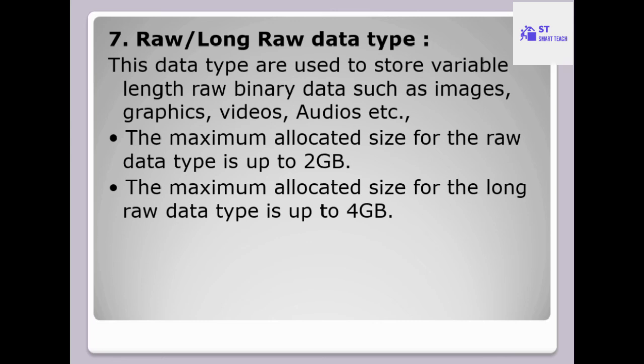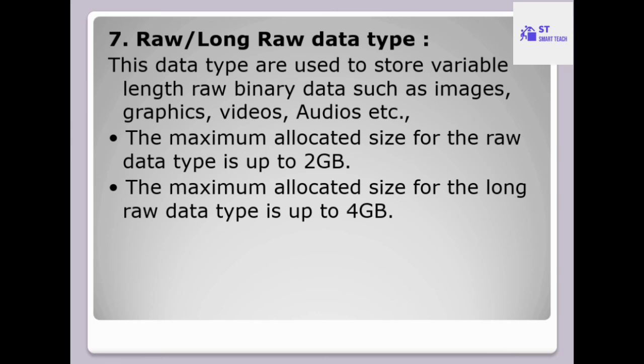Next, last data type is raw or long raw data type. These data types are used to store raw binary data such as images, graphics, videos, audios. So if you want to store image in a table, or if you want to store video in a table, for this purpose you can use raw or long raw data types.